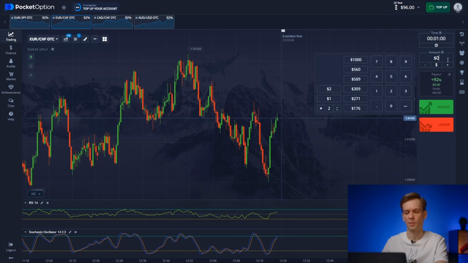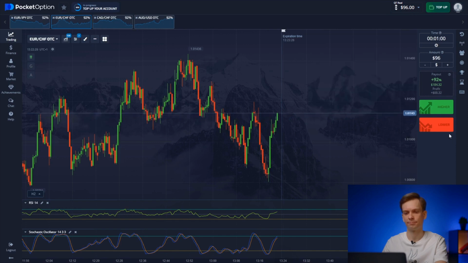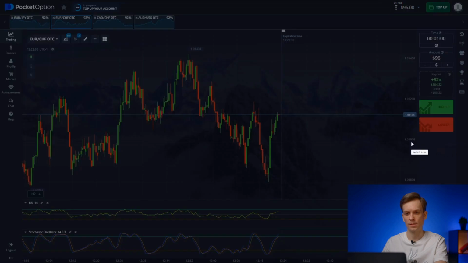I've adjusted the investment amount to $96. Now let's paint the support and resistance levels again. Let me highlight them for you.